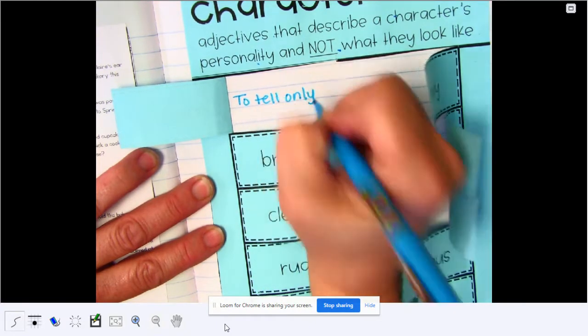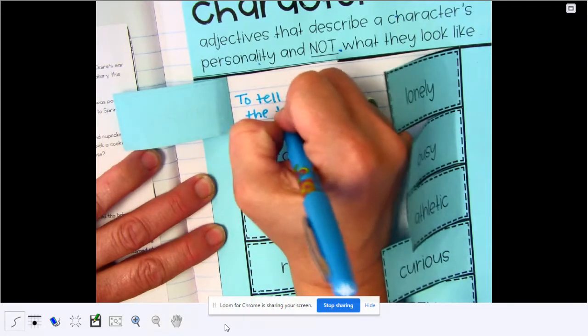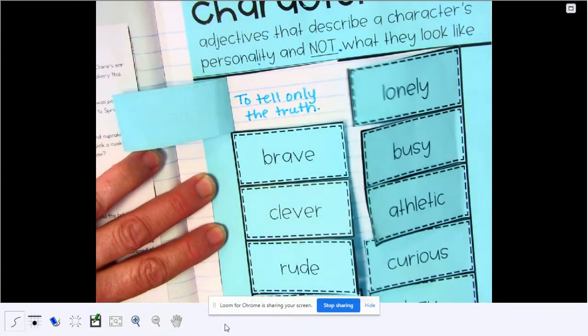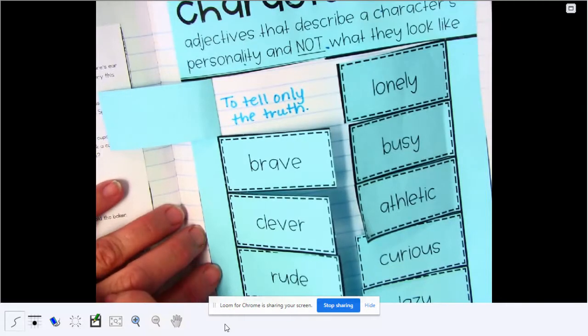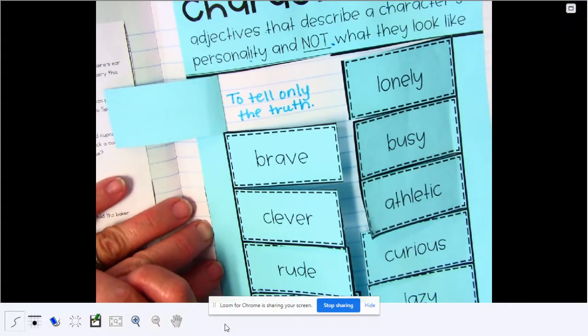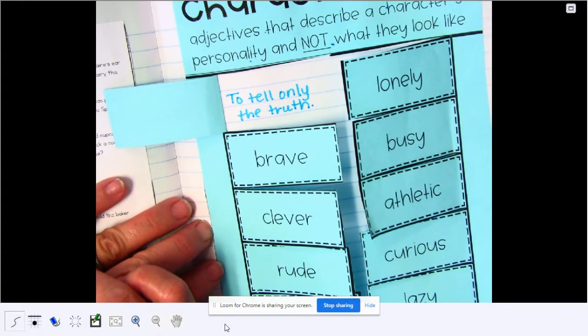To tell only the truth, right? That's to be honest. What does it mean to be brave?